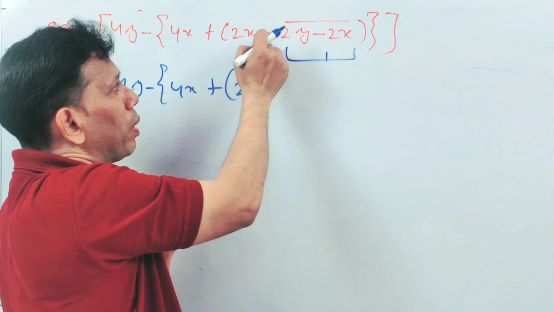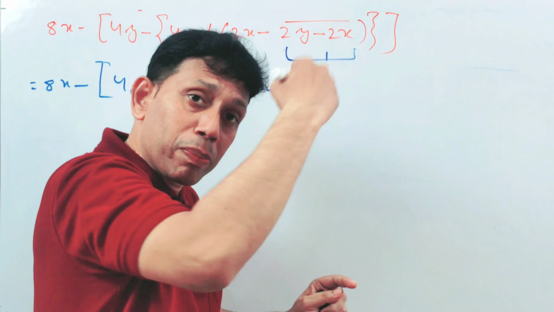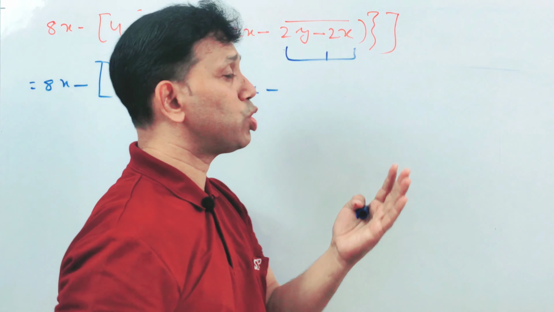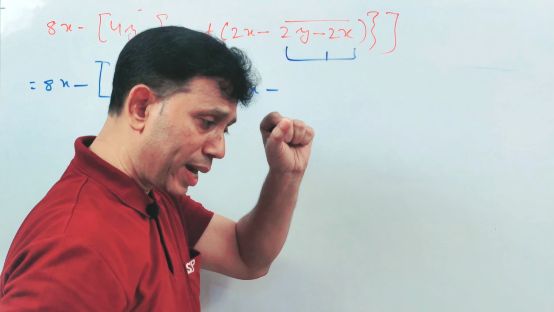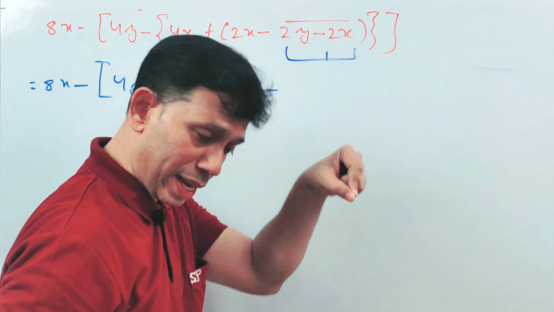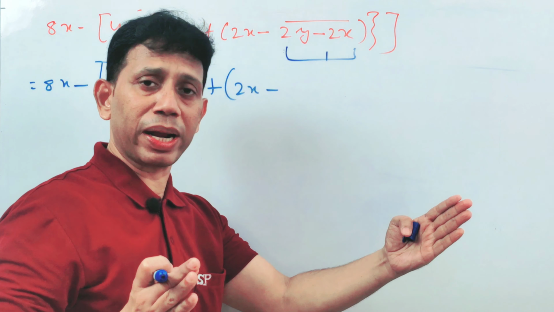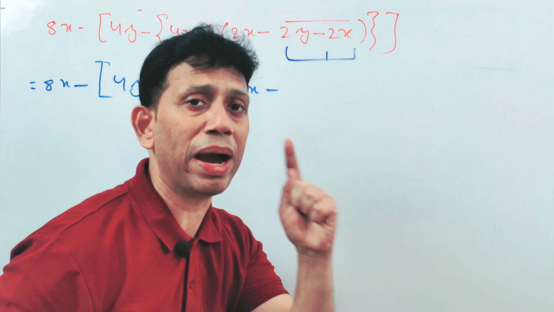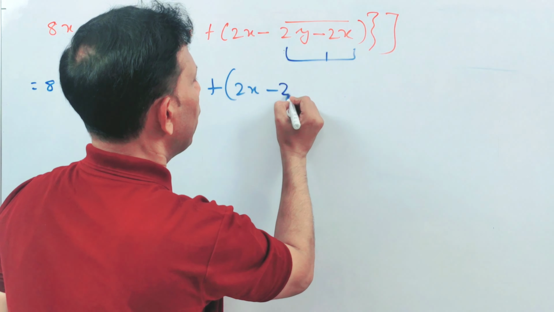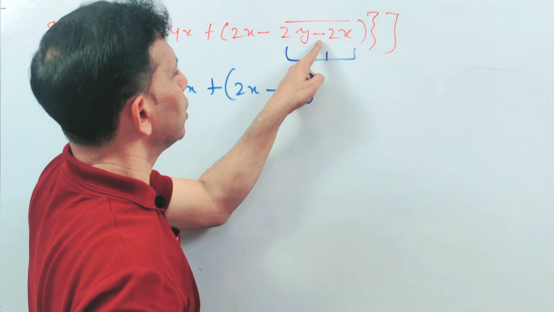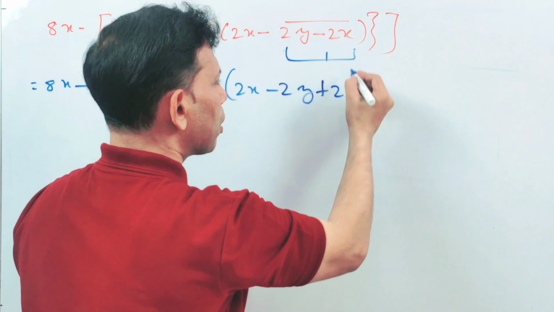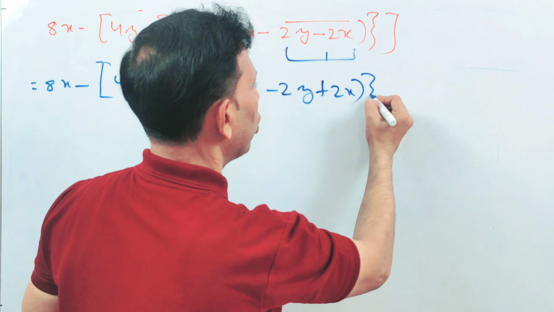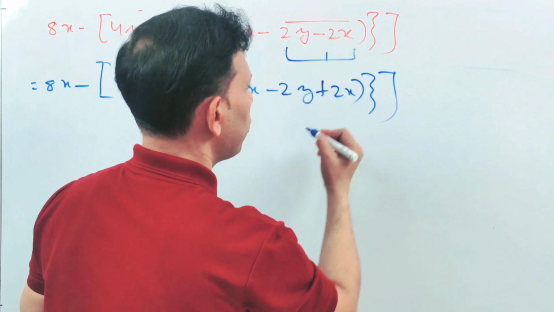But before the bar bracket a minus mark is there, and if minus is there before the bracket, you will change the symbols of the numbers in the bracket. If you open the bracket, the symbols will be changed if a minus mark is there. So it will be minus 2y, and the minus symbol will be changed, that is plus 2x, and the bar bracket work is over.